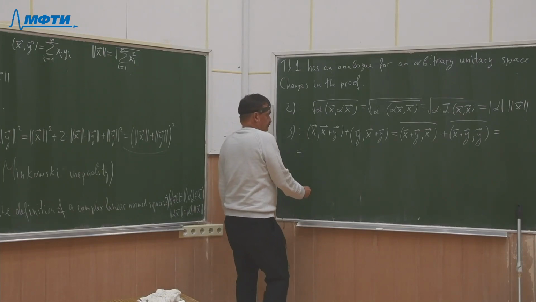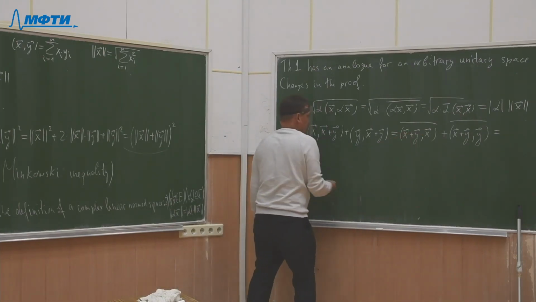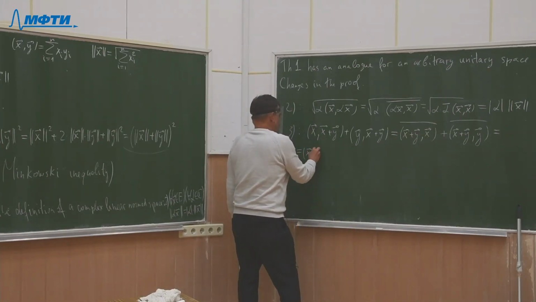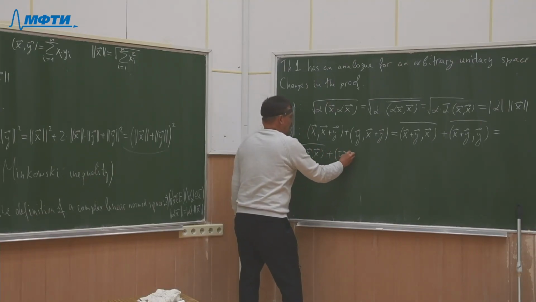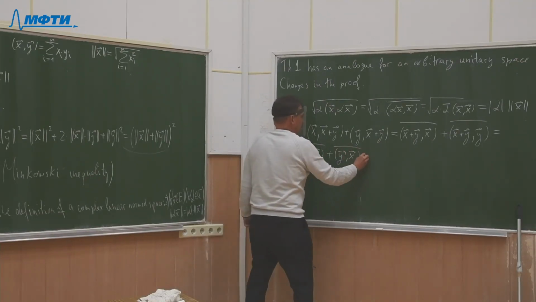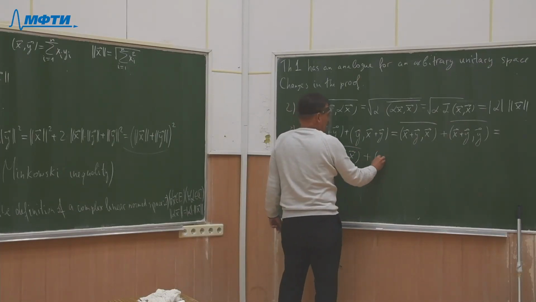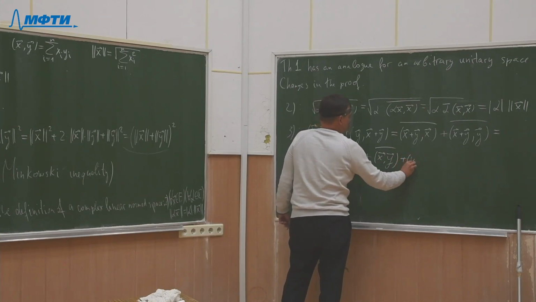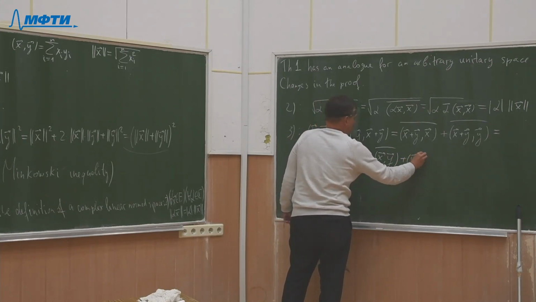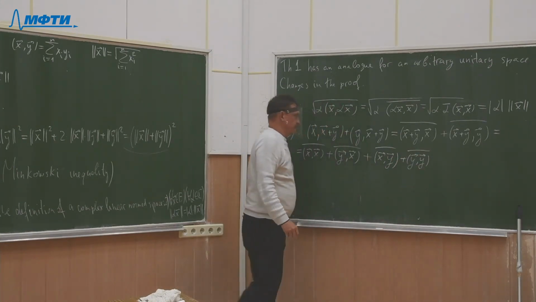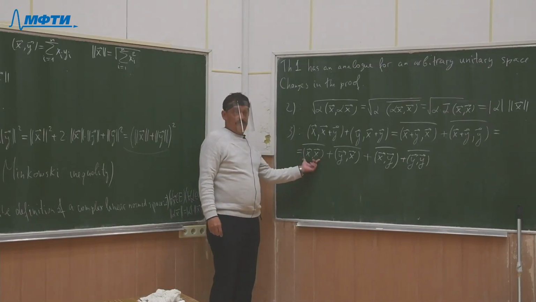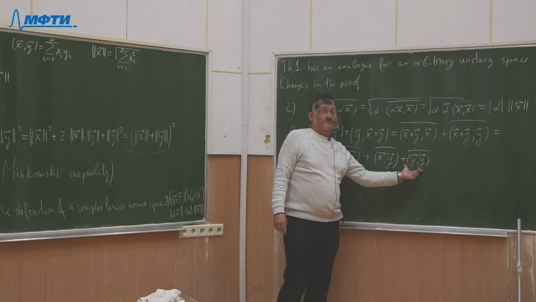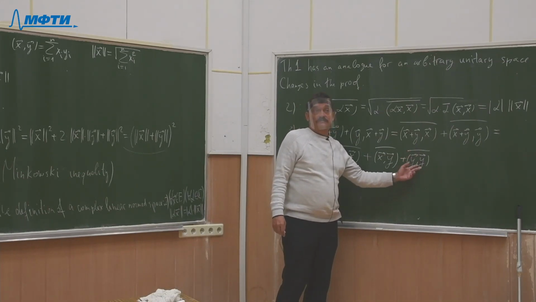That is, once again, x conjugate plus y x conjugate plus x y conjugate plus y conjugate. Now, the first and the last terms, they are real, non-negative.